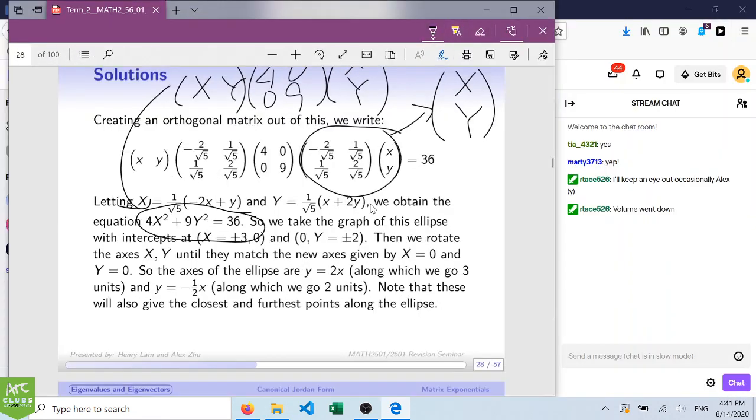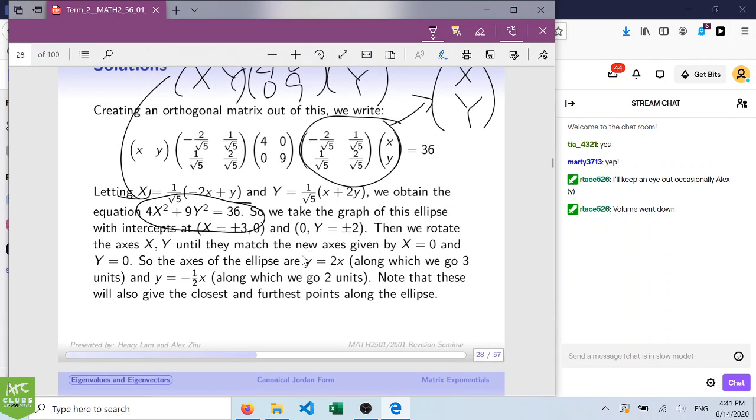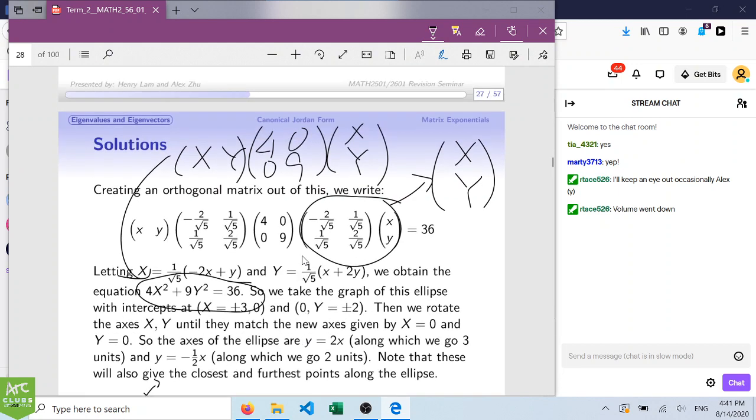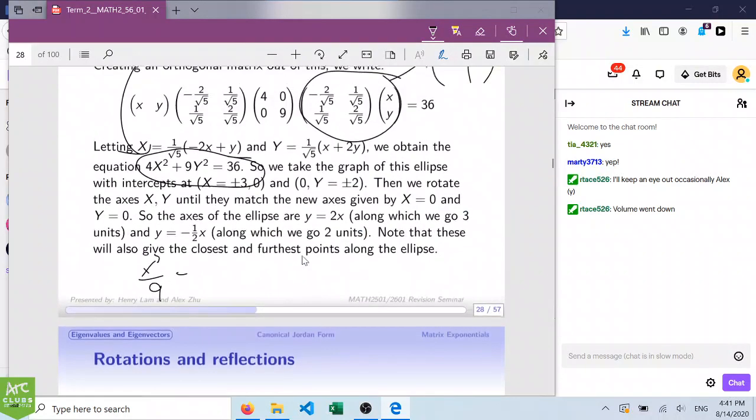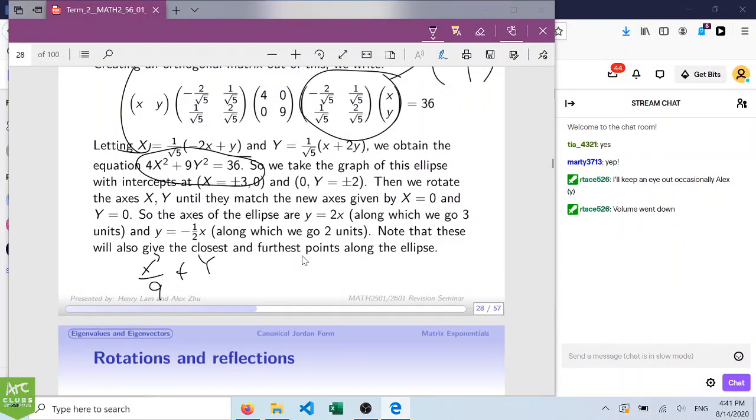Okay, so 4X squared plus 9Y squared equals 36 is X squared over 9 plus Y squared over 4 equals 1.